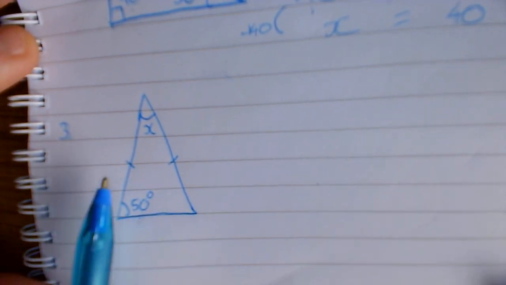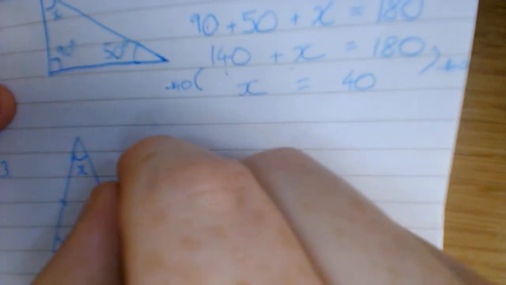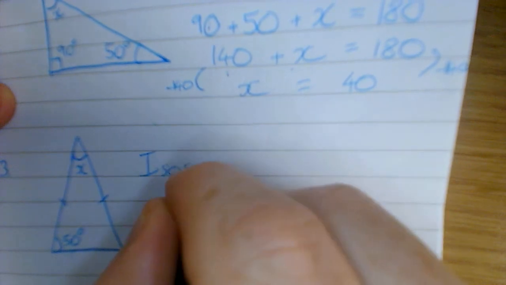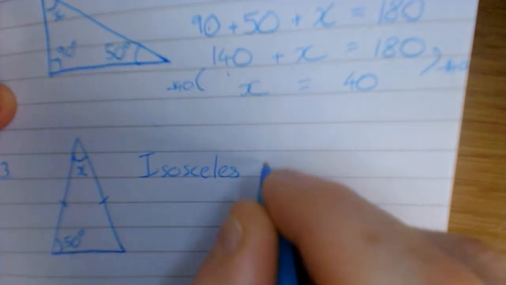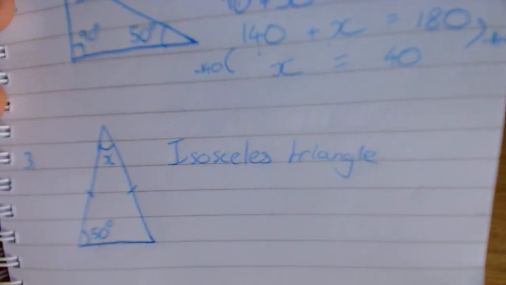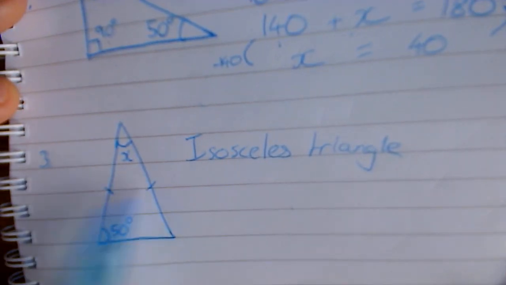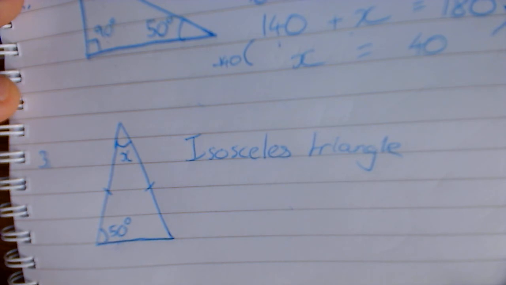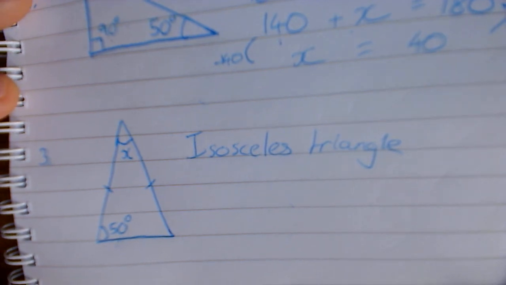So this one we've got these two dashes. And what that means is that this side here is the same length as this side here. And what that means is that this is an isosceles triangle. It's got two of the same side, but it also tells us that it's got two of the same angle.